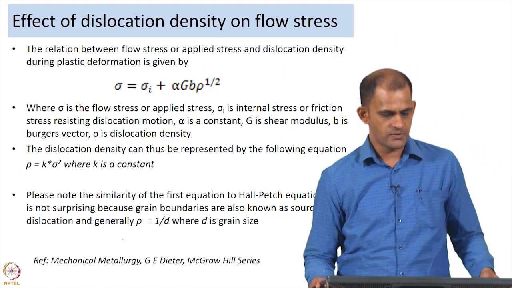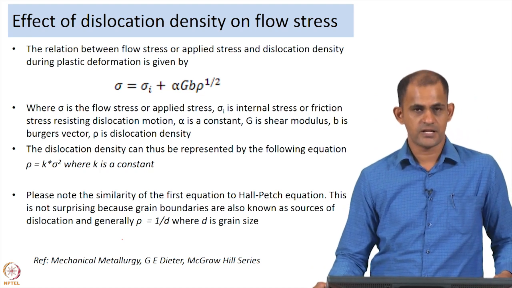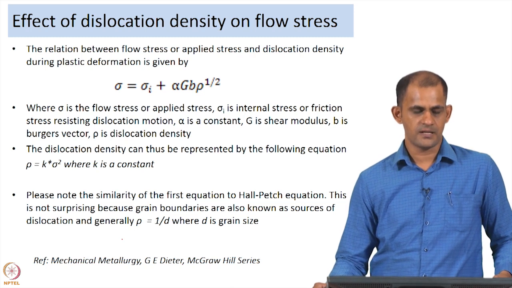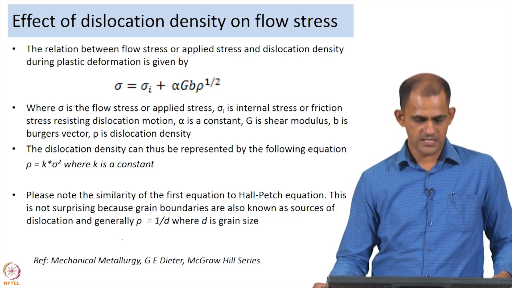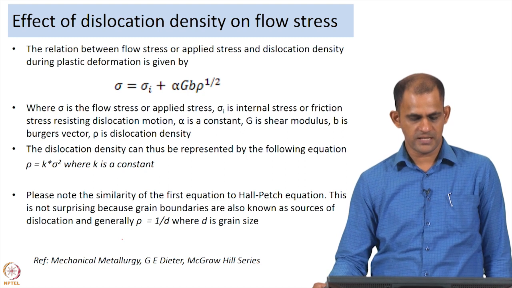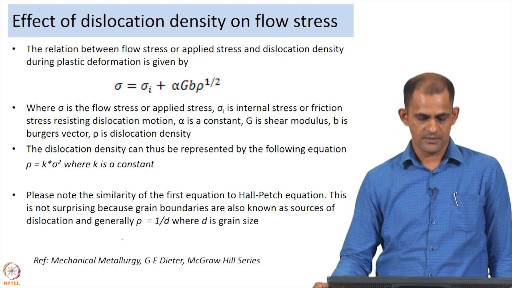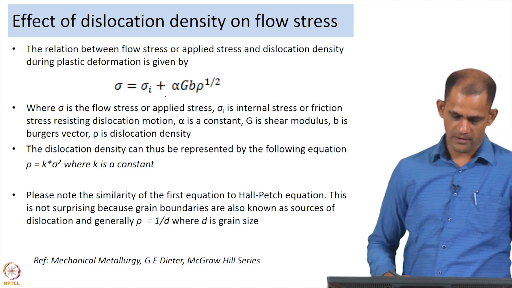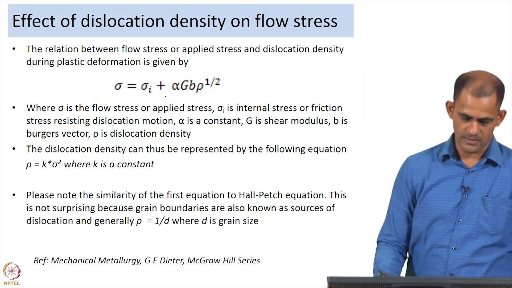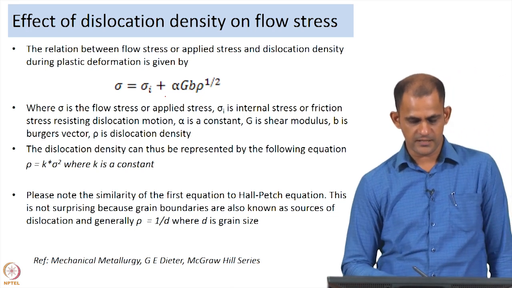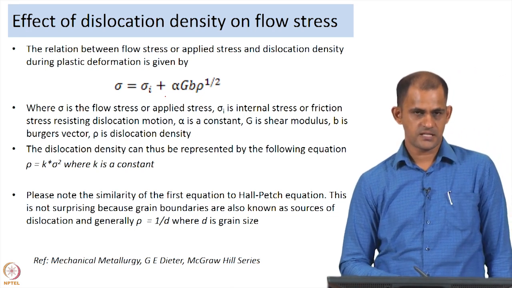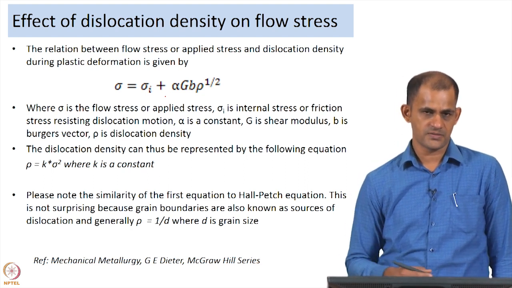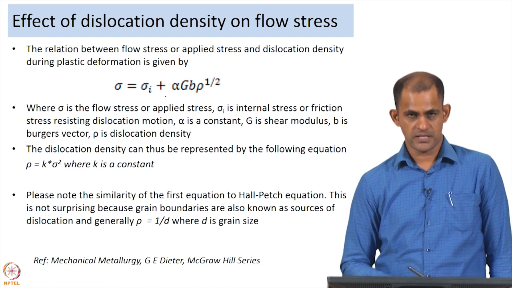The other relation which will be of importance is the relation that exists between dislocation density and the flow stress of the material. The relation between flow stress or applied stress and dislocation density during plastic deformation is given by the following: sigma is equal to sigma i plus alpha G b rho to the power half. Here sigma is the flow stress or applied stress, and sigma i is the internal stress or friction stress resisting dislocation motion. Alpha is a constant, G is the shear modulus, b is the Burgers vector, and rho is the dislocation density.